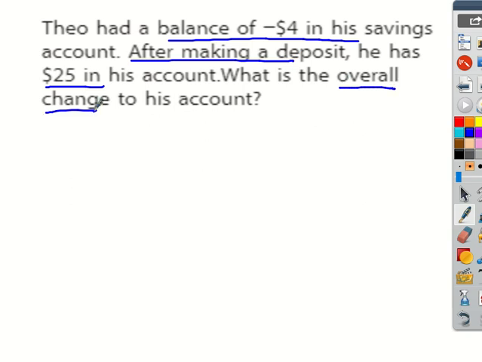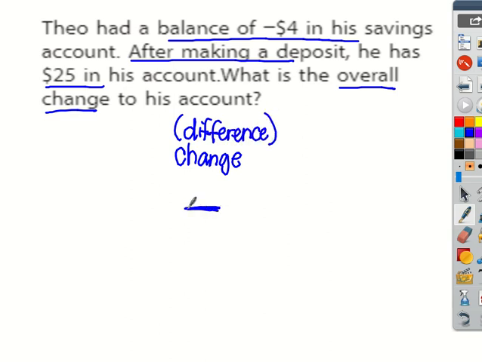Okay, so some kids did this on their homework in Math 7-8. They just did -4 minus 25, and their answers were all wrong, and they were confused why they were wrong. So if we're talking about what is the overall change, we're thinking about it in the way of saying difference, and what sign represents finding the difference? Subtraction, right?